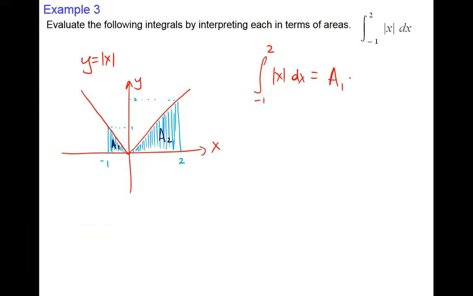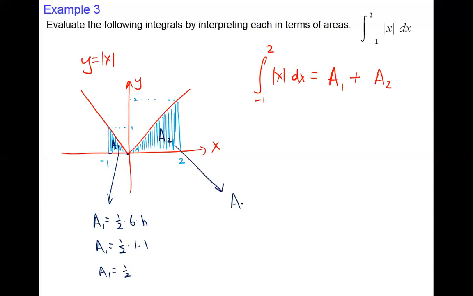area of the first triangle plus the area of the second one, because both of them are above the x-axis. The first one is half times base times height, which is half times 1 times 1. This distance is 1 and this distance is 1. It's simply half.